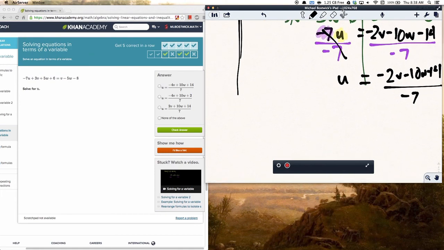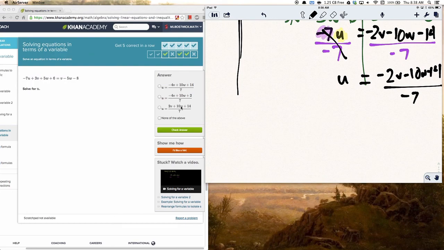And so what you'll notice is that there are no answers like that because there are no answers here that have a negative in the bottom. And so one of the tricks that you can do here is that if you have, let's say, just as an example, negative 3 over negative 2, that is exactly the same as 3 halves because a negative divided by a negative is a positive. And so I'm going to apply that here.